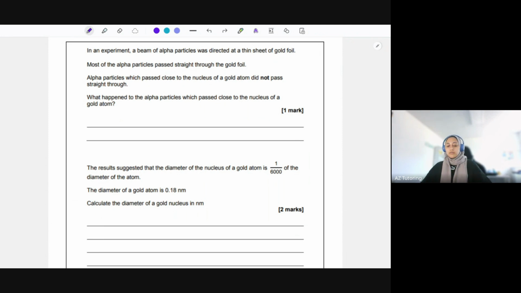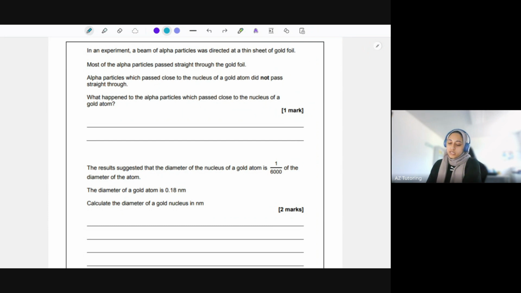So we've got the alpha scattering experiment now. So this should be an overlap from the chemistry paper one that you did. So it says here, in an experiment, a beam of alpha particles was directed at a thin sheet of gold foil. This is when that scientist said the plum pudding model was wrong. That's when he did this experiment. Most of the alpha particles passed straight through the gold foil. Alpha particles which passed close to the nucleus of the gold atom did not pass straight through.